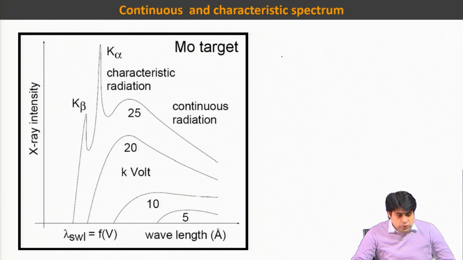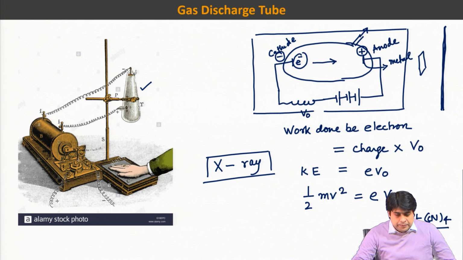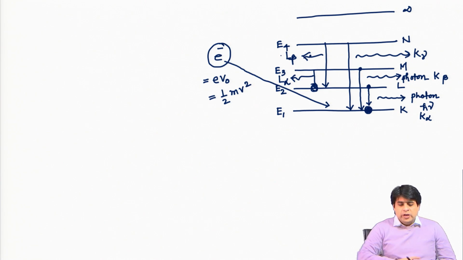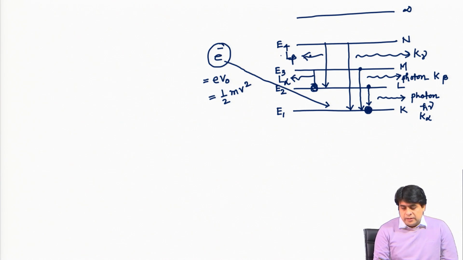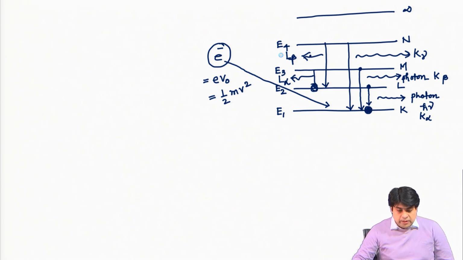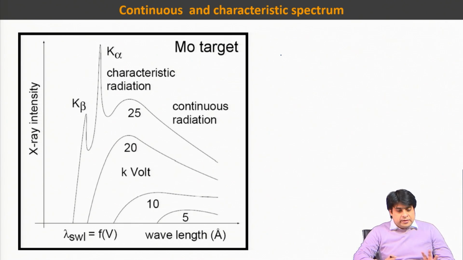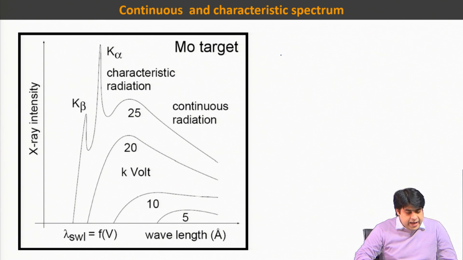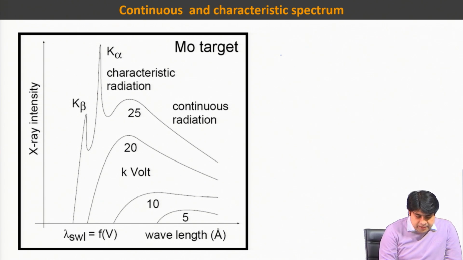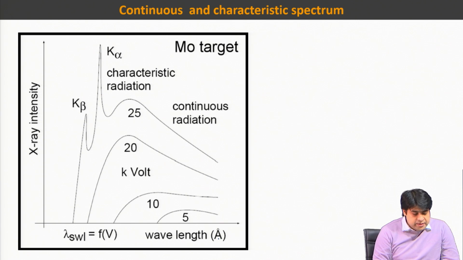And if you see a typical X-ray spectrum, this diagram has two different parts. The x axis is the wavelength, and the y axis is the X-ray intensity.